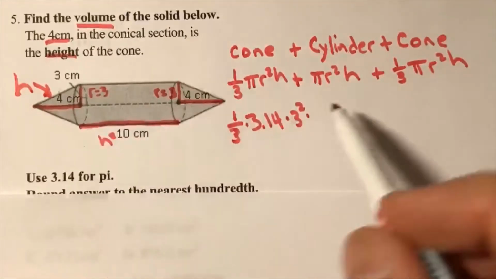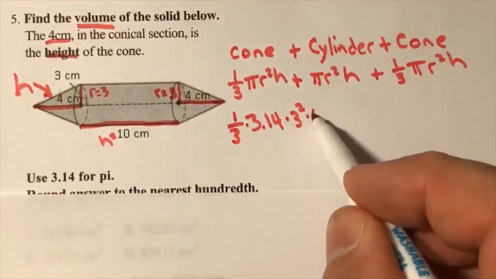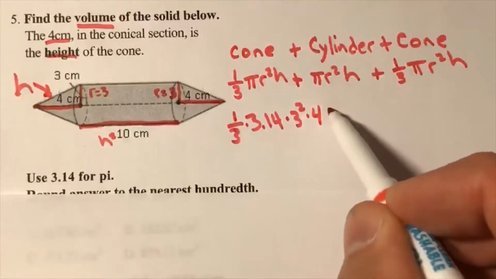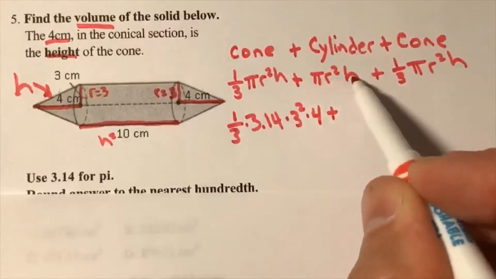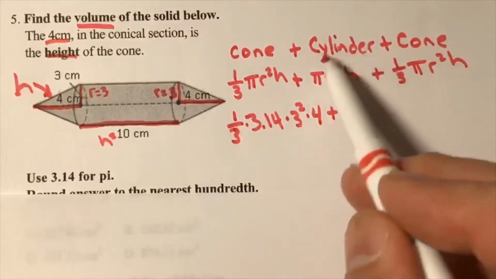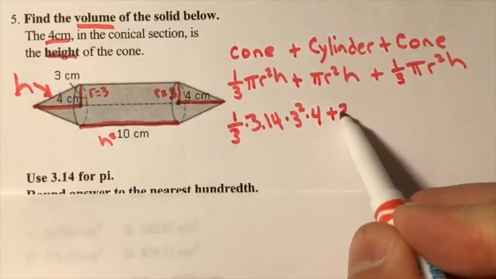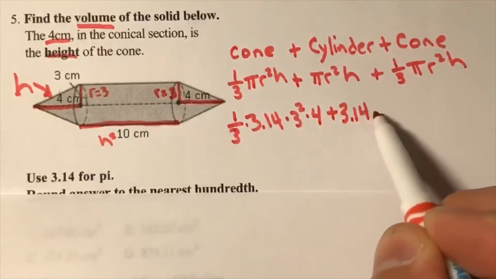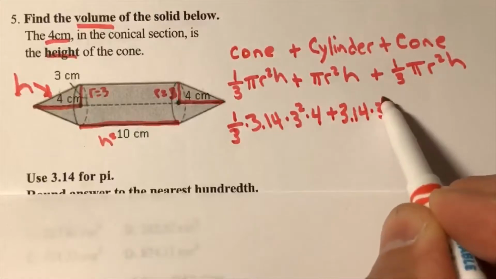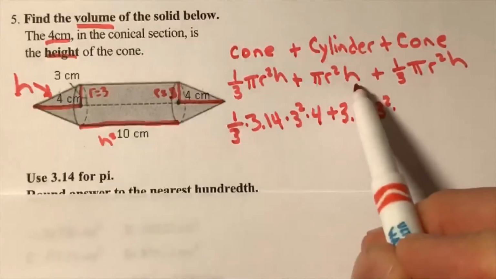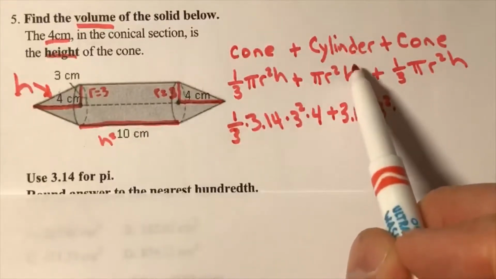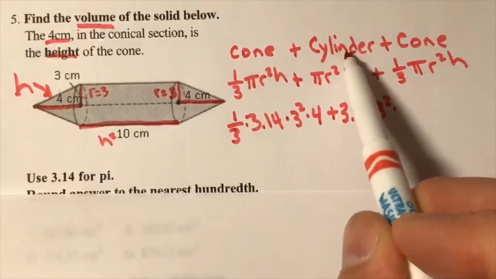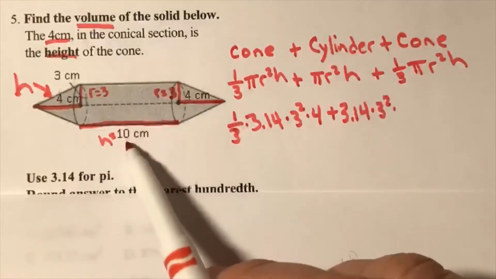Bring that in, bring down this plus sign, start replacing. Now you're in the cylinder section, so 3.14 times 3 squared times height. Get organized, go back, look up. The height of the cylinder is 10.